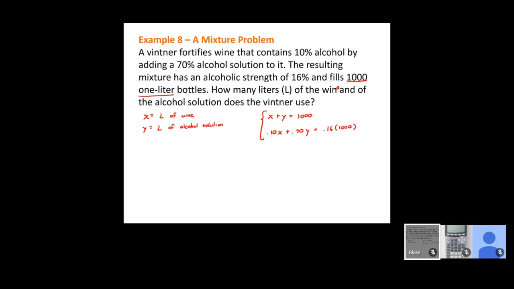But again, since we're doing concentration times liters plus concentration times liters, we need concentration times liters on the other side also. So those are our two equations. And if you want to go ahead and multiply what you have on the other side there, we can. So x plus y equals 1,000. And then 0.1x plus 0.7y is equal to, multiplying by 1,000, we move that decimal 3 places, so that's going to give us 160.